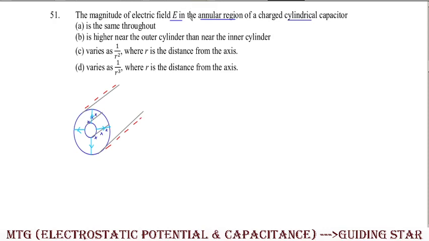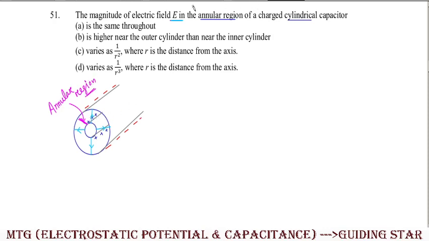What it is asking is the field in the annular region, that means this particular region between the two cylinders, between the outer surface of the inner cylinder and the inner surface of the outer cylinder. This region, this distance, this is the annular region, clear.